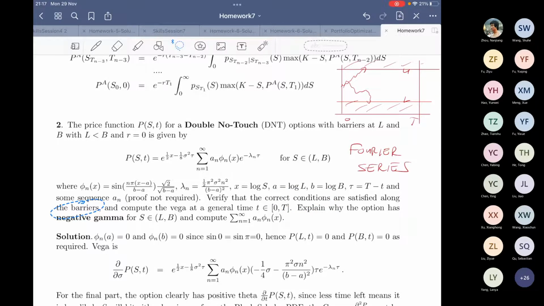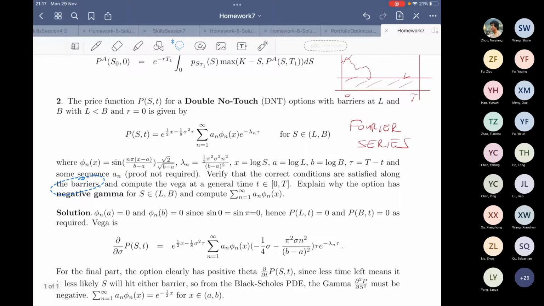And some other stuff. So if we look at phi n, yes, you've got to be careful. So x is the log of the stock price. So we need to be considering x equals the log of the lower barrier L, but that's equal to a. So you can see that if you put a in this formula, you get a minus a, which is 0, and the sine of 0 is 0.